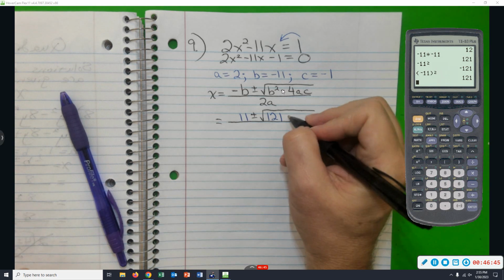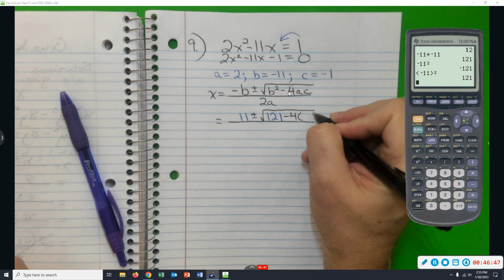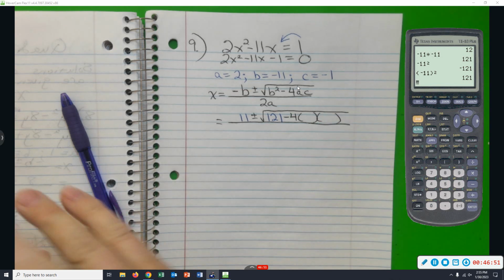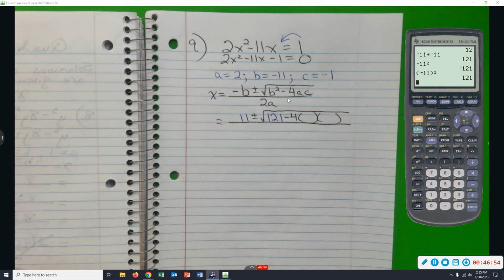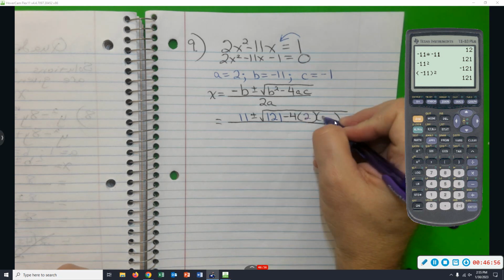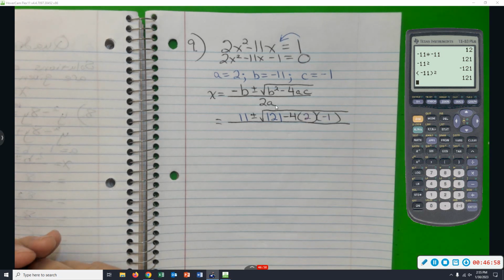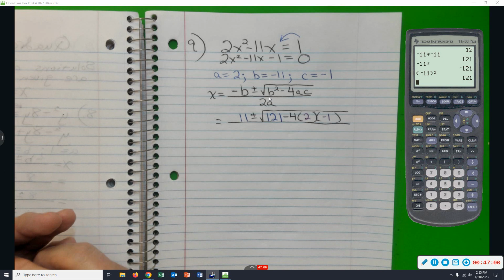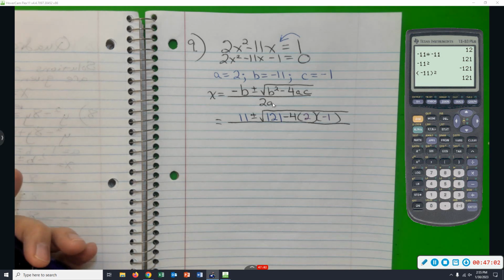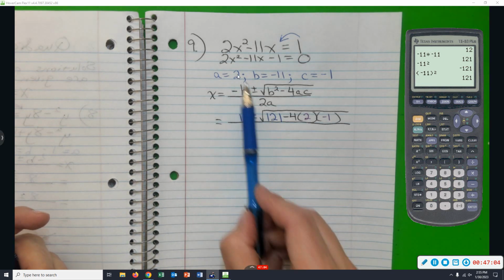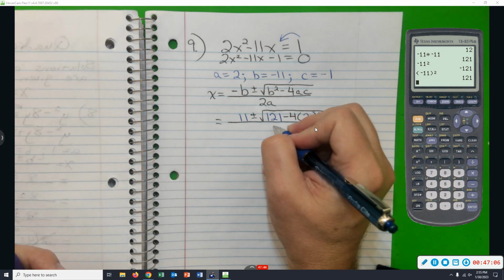And then we still have minus 4 times a times c. 2 is, what do you say, 2 and negative 1, okay. What about the denominator? We can do that in our head. 2 times a, 2 times 2, I agree with 4.